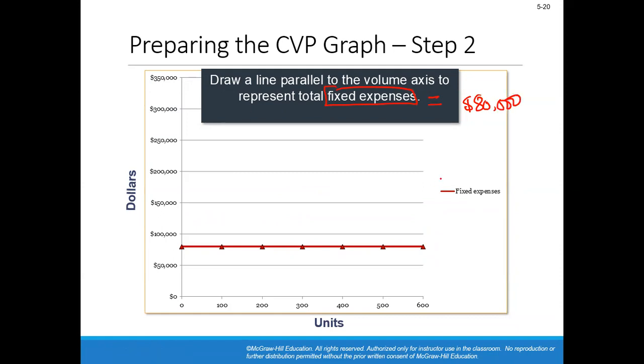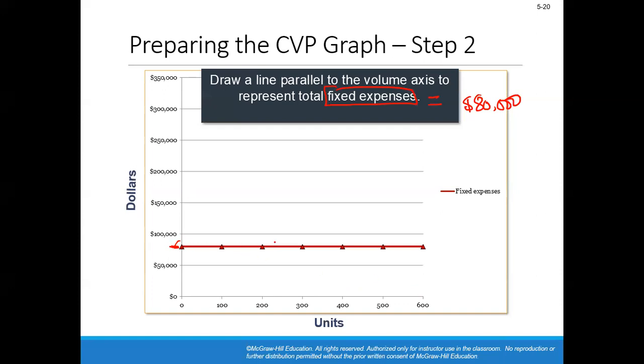So for the $80,000, we can find an approximate value for 80,000 here. And we need to draw a horizontal line which is parallel to the units of volume axis, I mean the horizontal axis. So why is it to be parallel, given the changes in the units of sales?